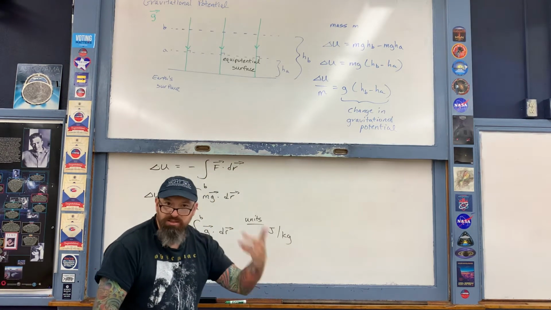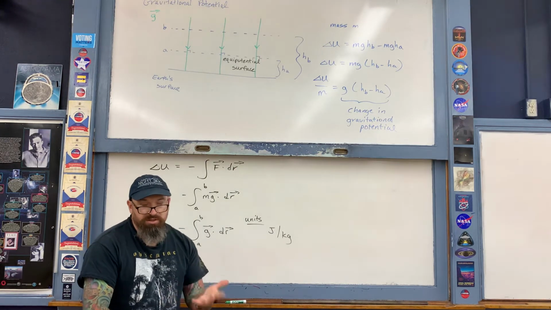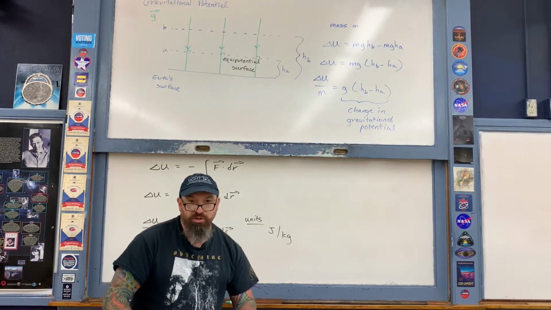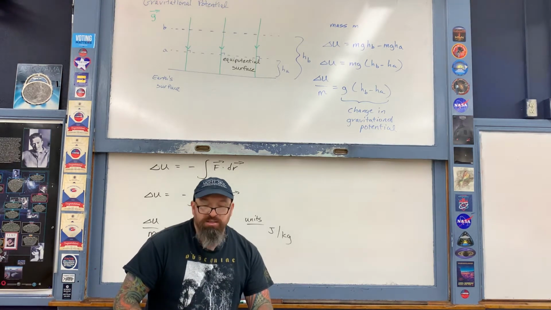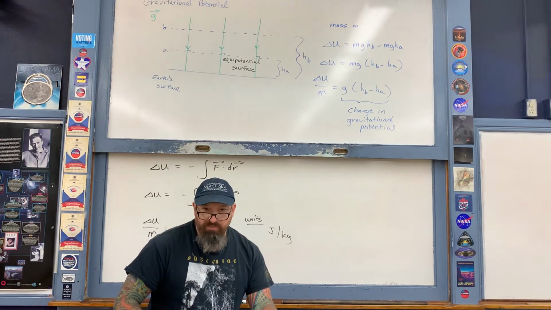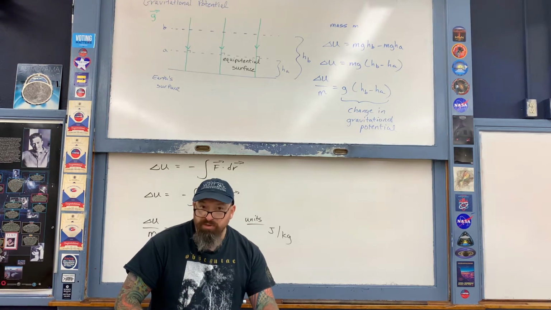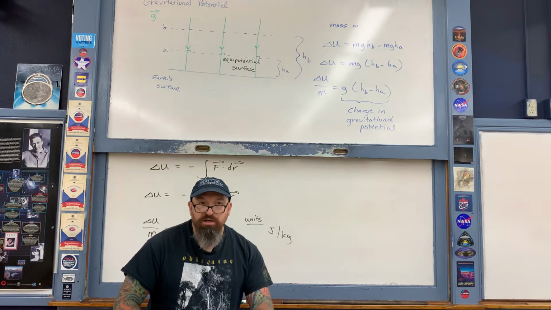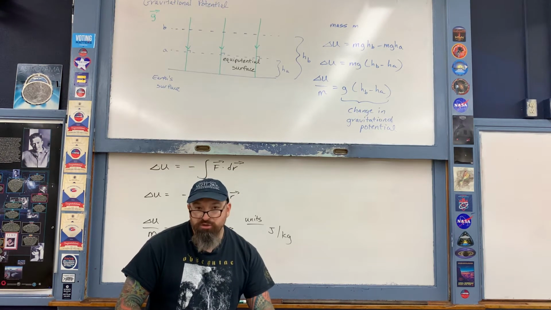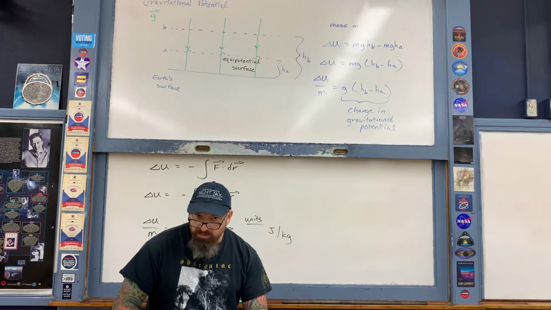That's once again the easiest way to wrap your head around what is being described as a change in gravitational potential. And now what we'll do is we'll extend this to describe it not in the context of gravity, but now in the context of an electric field. And then therefore we will end up with a description of change in electric potential. Change in electric potential is also known as voltage.